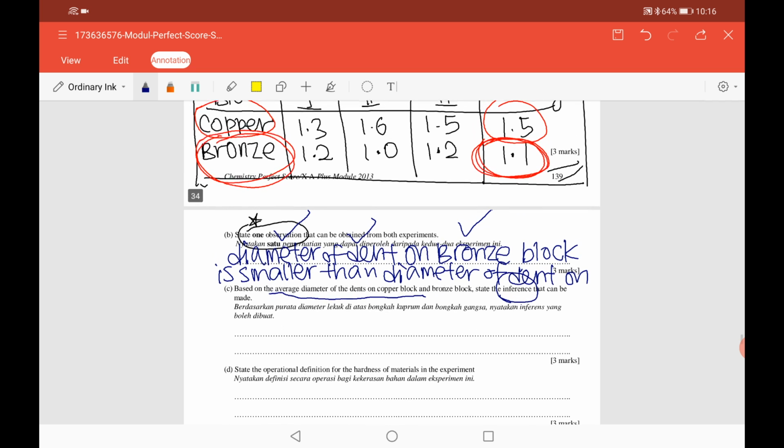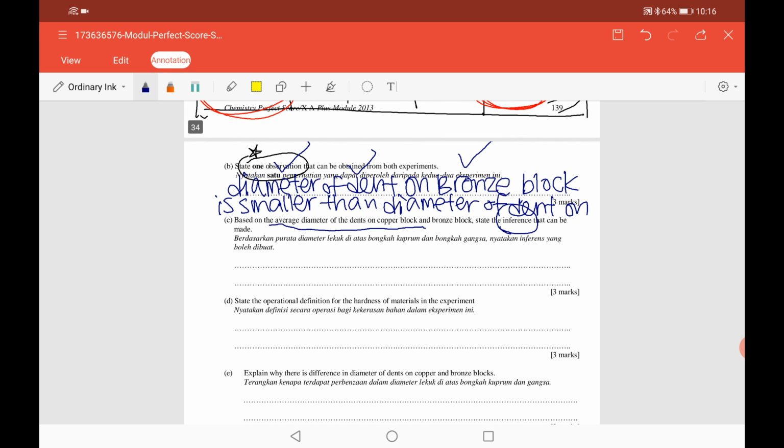Now, as you can see, the bronze has a smaller dent compared to the copper. So you need to support with inference. You have to ask yourself, why does the bronze have a smaller diameter of the dent compared to the copper? Always remember, the size of the dent tells us about the hardness. So for bronze, you have a smaller dent because bronze is harder than copper.